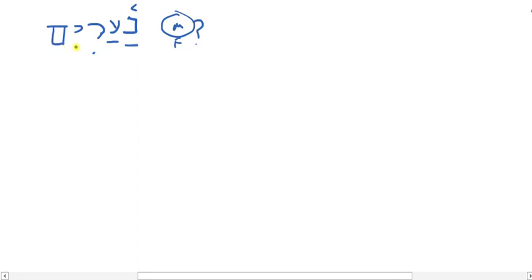Where's my stress going to go when I make the Segolite noun plural? It's going to go to the end. That vocalic ending pulls the stress all the way to the back over here. I'll put it in parentheses just to remind us. And then I'm going to have to make some changes to my accent mark and my two vowels. What are the vowels I have to put under the first and second root letters? First one gets a vocal shva, second one gets a kametz.